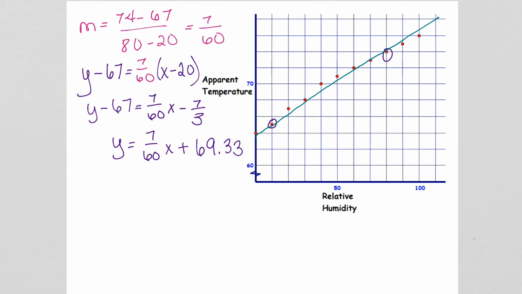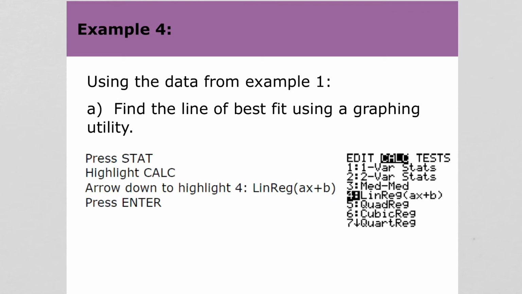Using the same data, how would we find the equation of the line that is the best fit for that data? Okay, we just found the equation of a line through the data, but for the best fit line, we can use either our graphing calculator or a graphing utility online to help us.